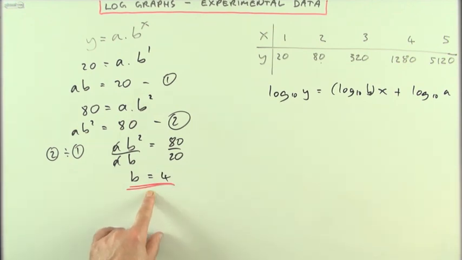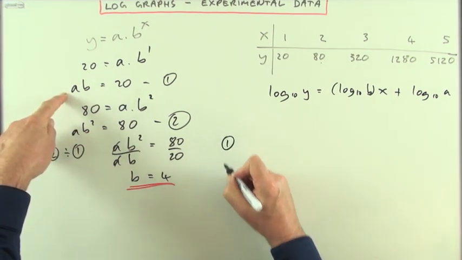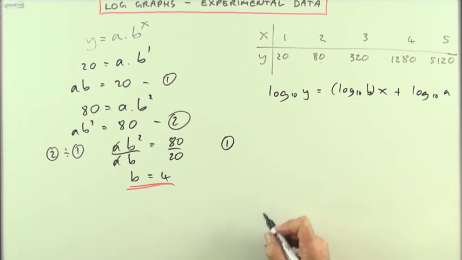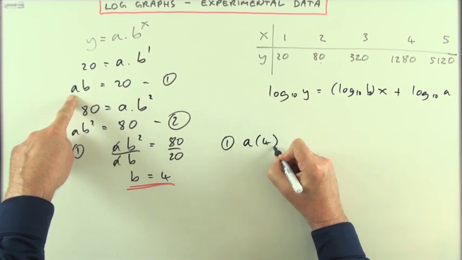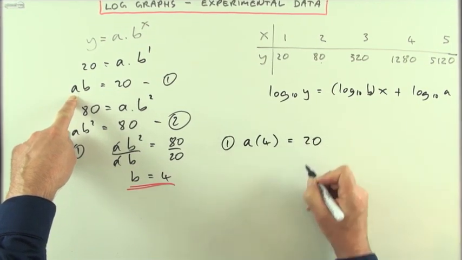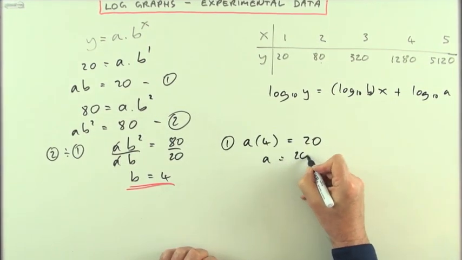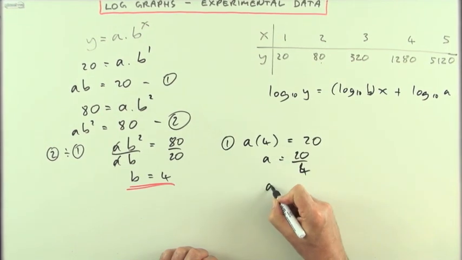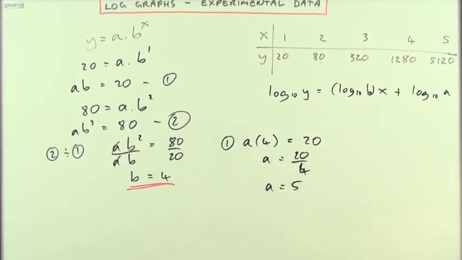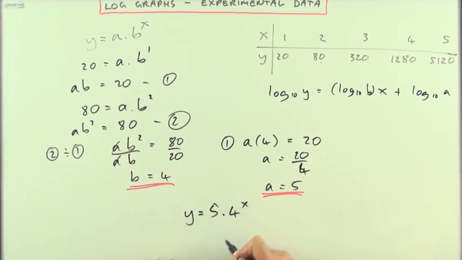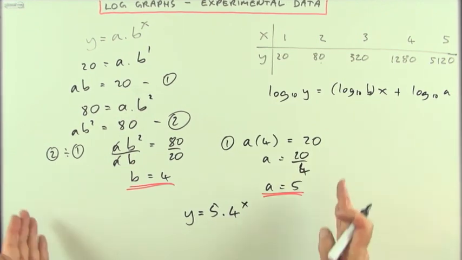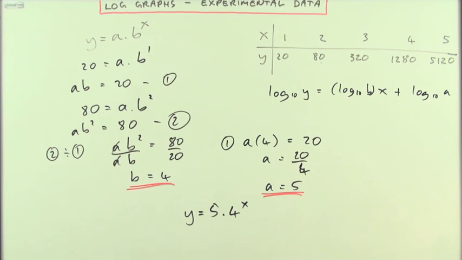And knowing that b equals 4, I could go back to my first equation, because number 1 is now going to say that a times 4 equals 20. So a is going to be 20 divided by 4, so a is going to be 5. That gives me the connection: y is 5 times 4 to the power x as before. It's much quicker in this case compared to the graph with the fixed powers.